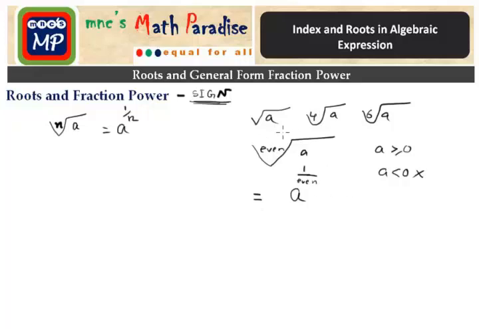Since any even root is not possible for a negative number, any fraction power 1 by even, that means a to the power half, a to the power 1 by 4, a to the power 1 by 6, and so on, is only possible if the a value, that is the base, is positive.